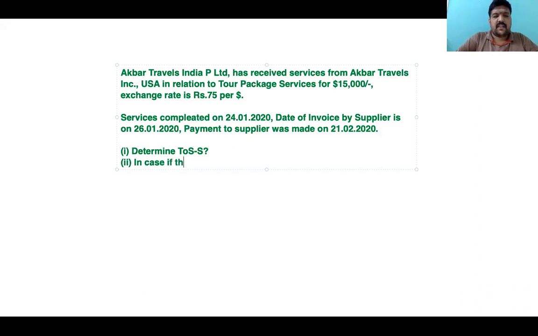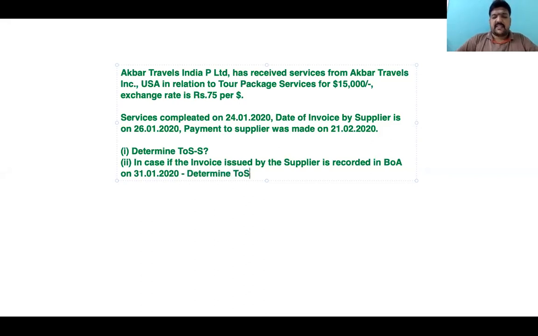In case the invoice issued by the supplier is recorded in the books of accounts of the recipient on 31/1/2020, determine the time of supply.